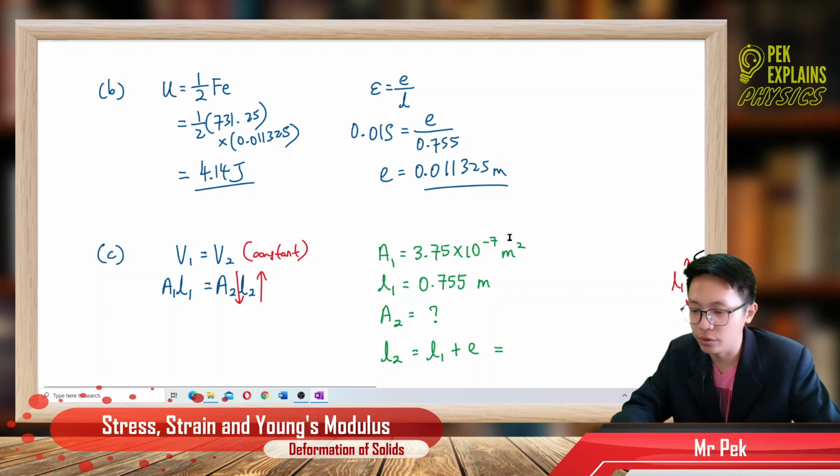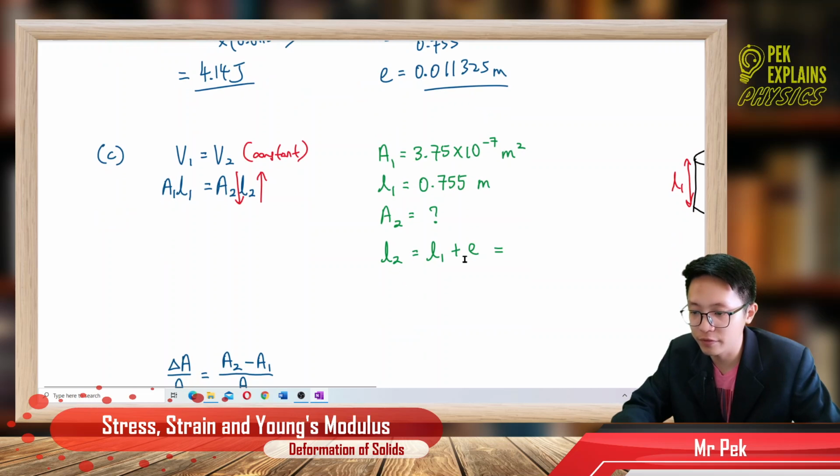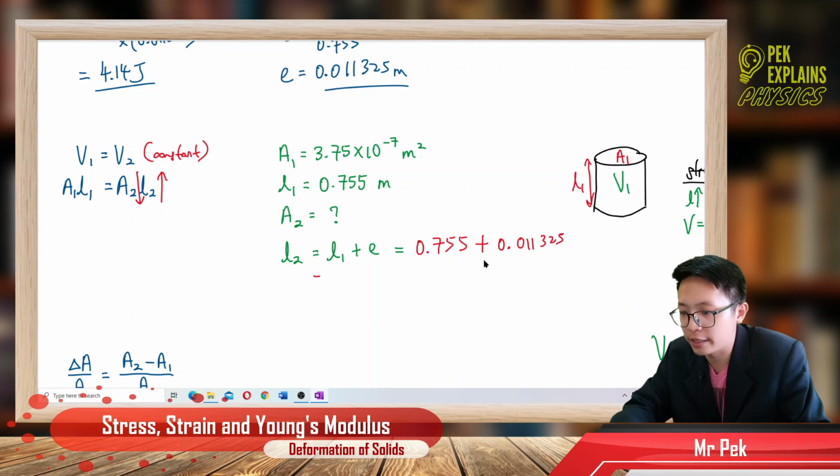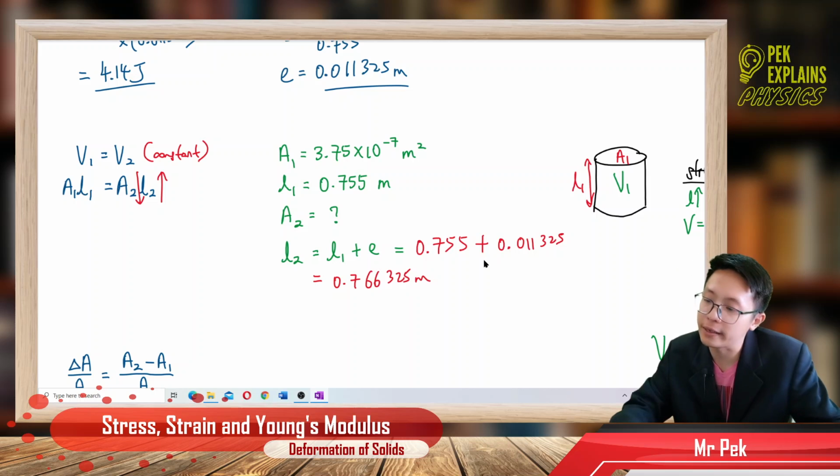0.011325. So let's find out the final length. The final length is the initial length 0.755 plus the extension 0.011325, which gives 0.766325 meter. That's the final length.